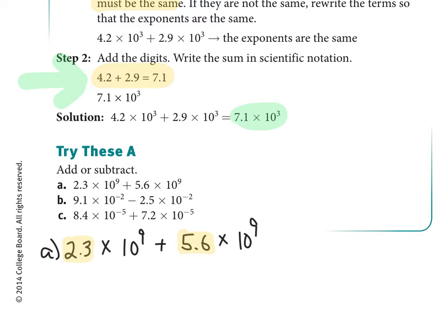So 2.3 plus 5.6 is going to get us 7.9. And since both values were times 10 to the 9th, we can just leave that alone and keep it as times 10 to the 9th.